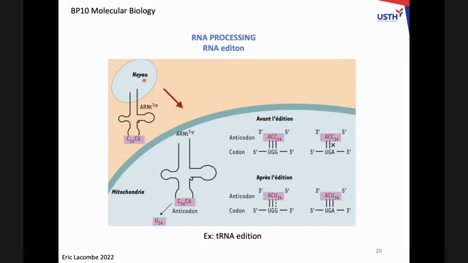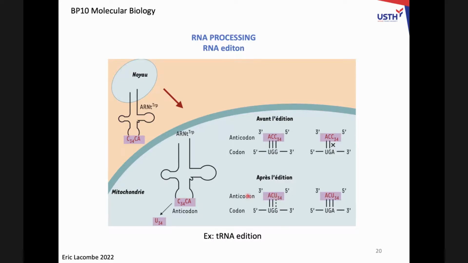So it means that the nucleus produces one variant only of this tRNA tryptophan. But when this tRNA enters the mitochondria, because this is where the reaction happens, the tRNA, which is CCA, can be turned chemically to UCA.